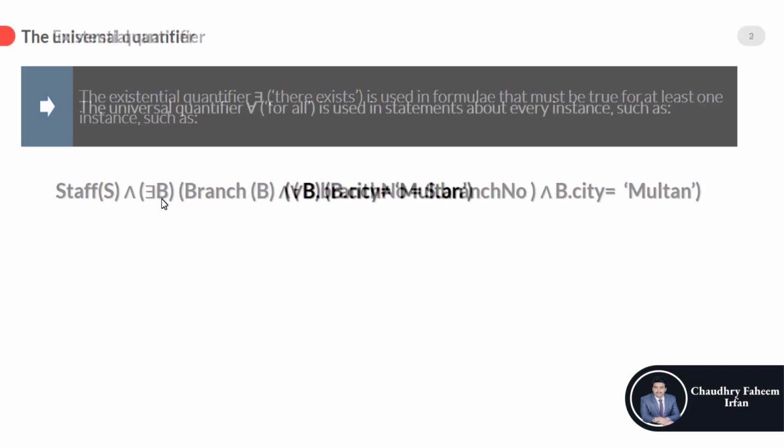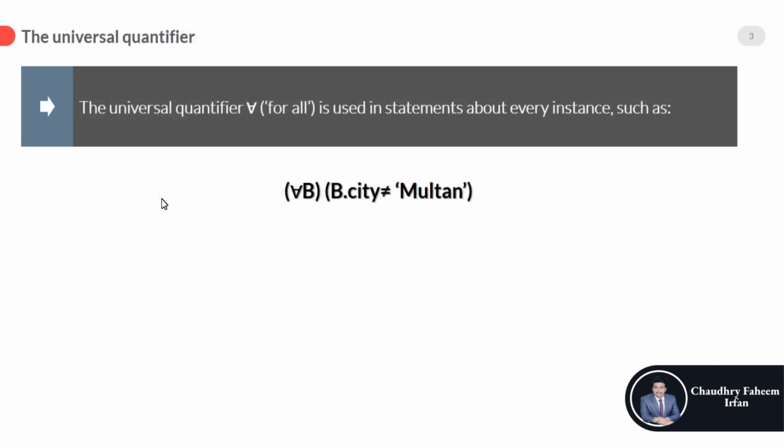The only free variable in a relational calculus expression should be those on the left side of the bar, which is the such that operator. So now we are going toward the implementation of this lecture.